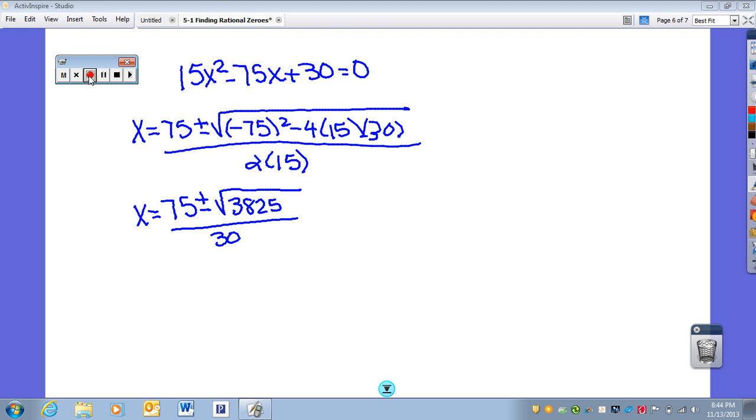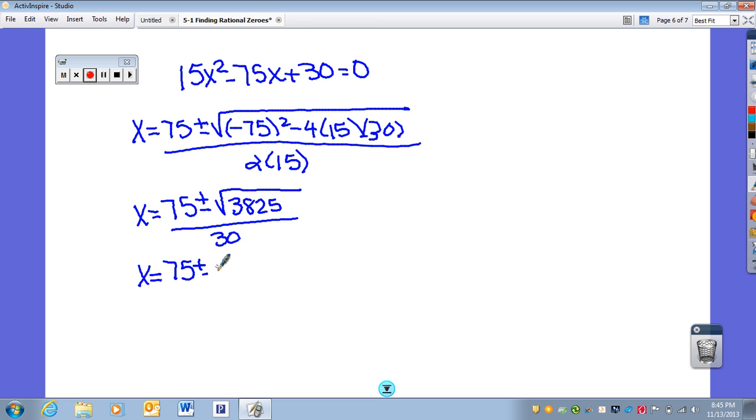So to save a little time, I squared negative 75, and then I multiplied negative 4 times 15 times 30, and subtracted the two to get 3,825. So when we simplify that particular root, we find out that there is a perfect square contained in 3,825, which is 225. So when we bring that out, the square root of 225 would be 15.